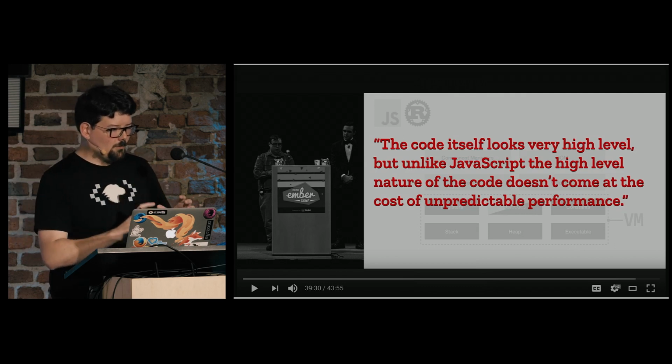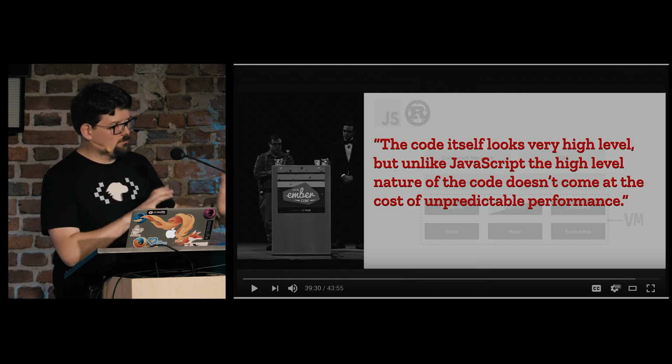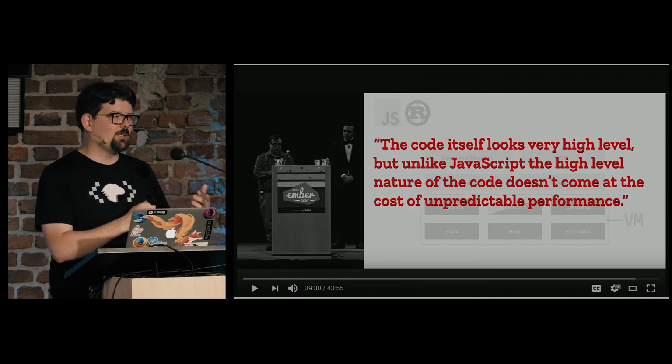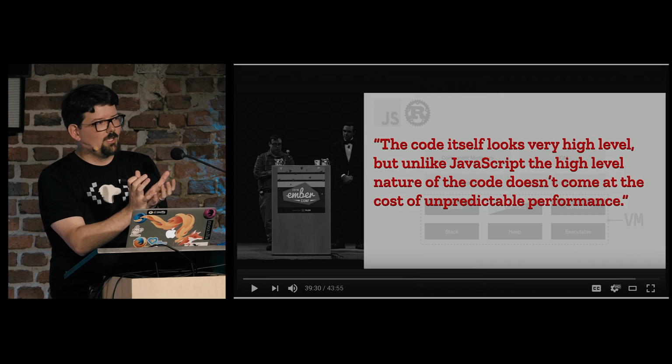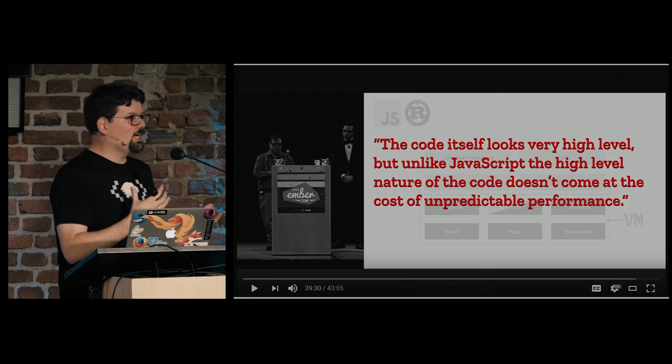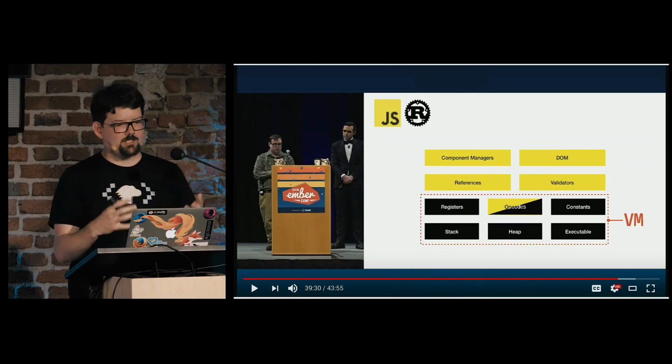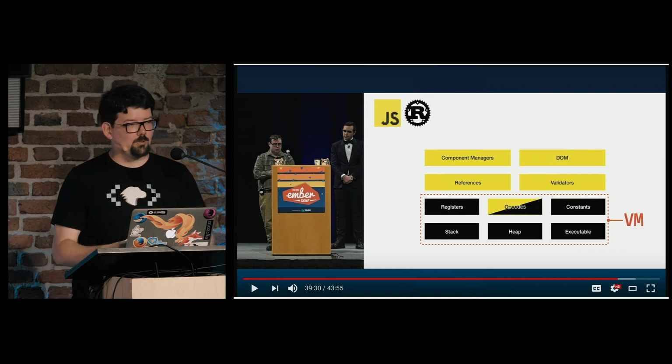And so the view within the Ember community was, hey, we can take these critical core hot paths of our code and write them in a language that still feels high level, and now we can get more reliable performance. The higher levels stay in JavaScript because it makes sense to keep business logic, high-level logic in JavaScript, but the low-level things can go to a low-level language.